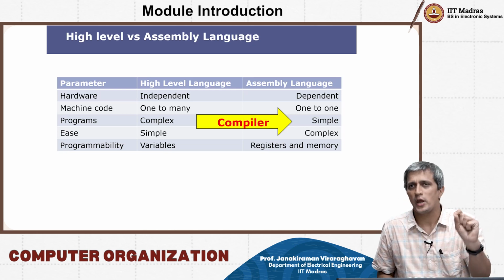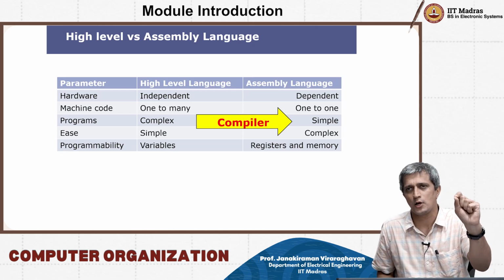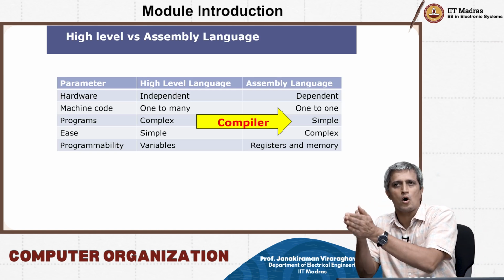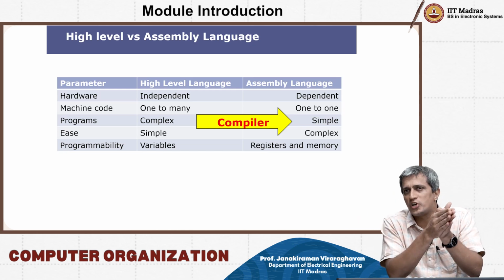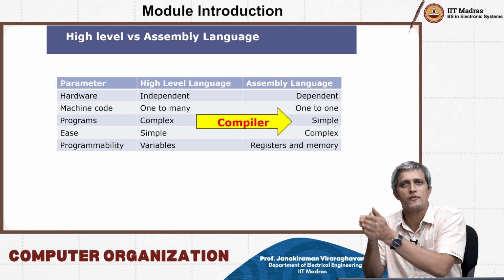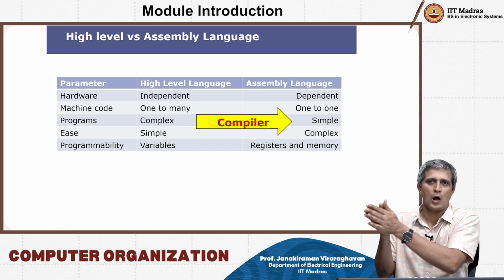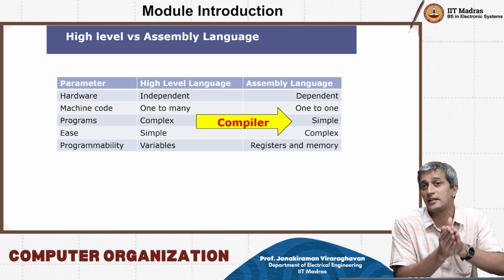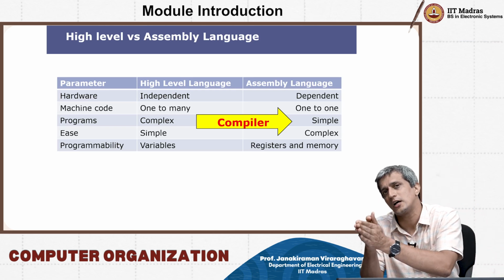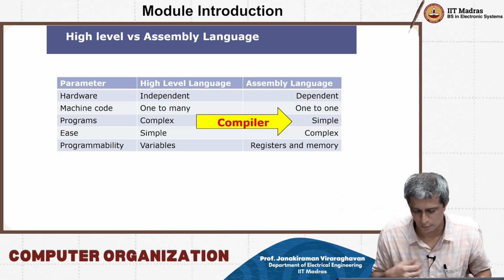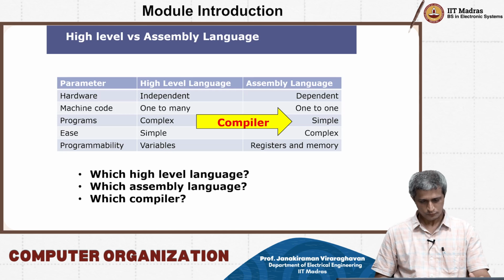You take a C code, and if you want to execute it on a RISC processor, then you need a compiler that will give you RISC instructions. Or if you want x86 instructions, then you need a compiler that will take the same C code and generate a different set of instructions which are compatible with the x86 processor, right?